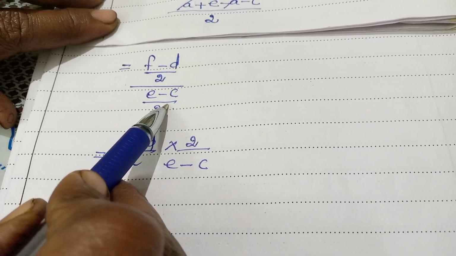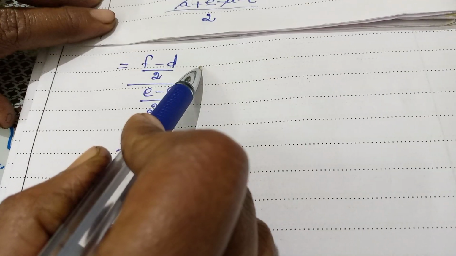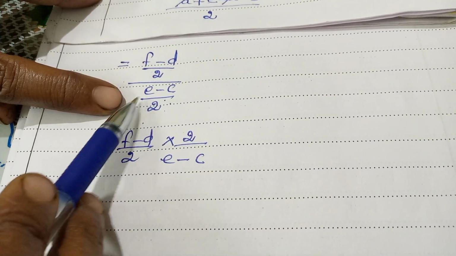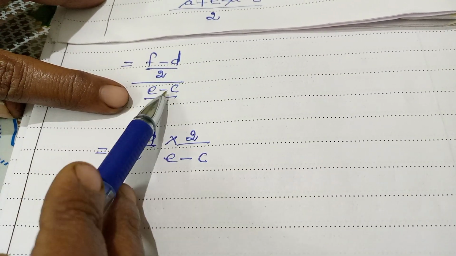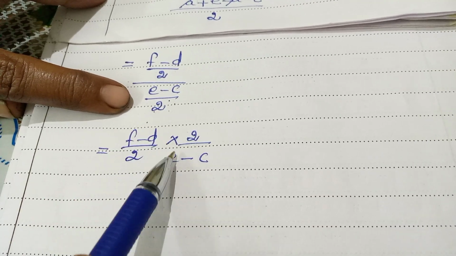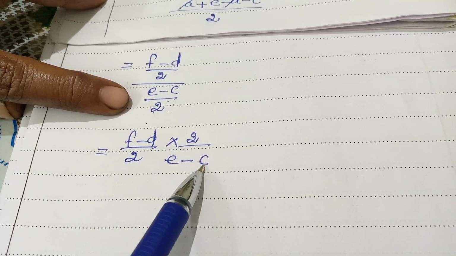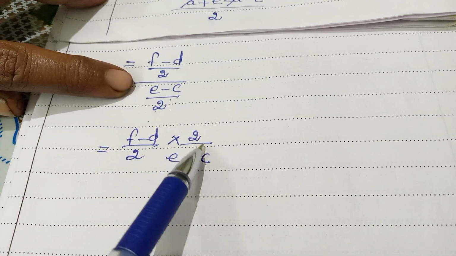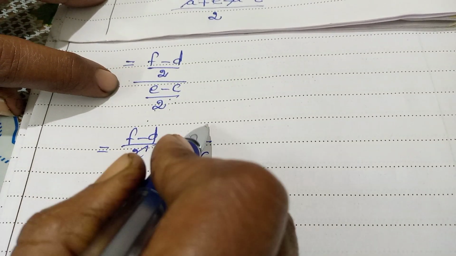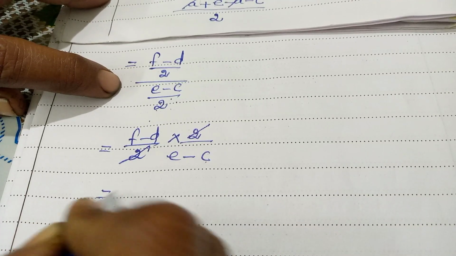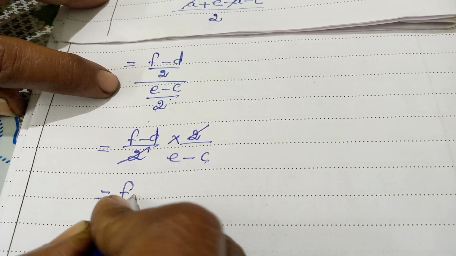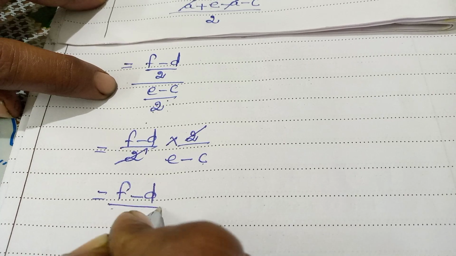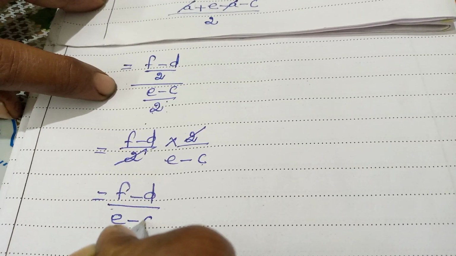This division changed into multiplication, so reciprocally we have to write e minus c by 2 as 2 by e minus c. Now this 2 can be cancelled. Remaining we have f minus d by e minus c.